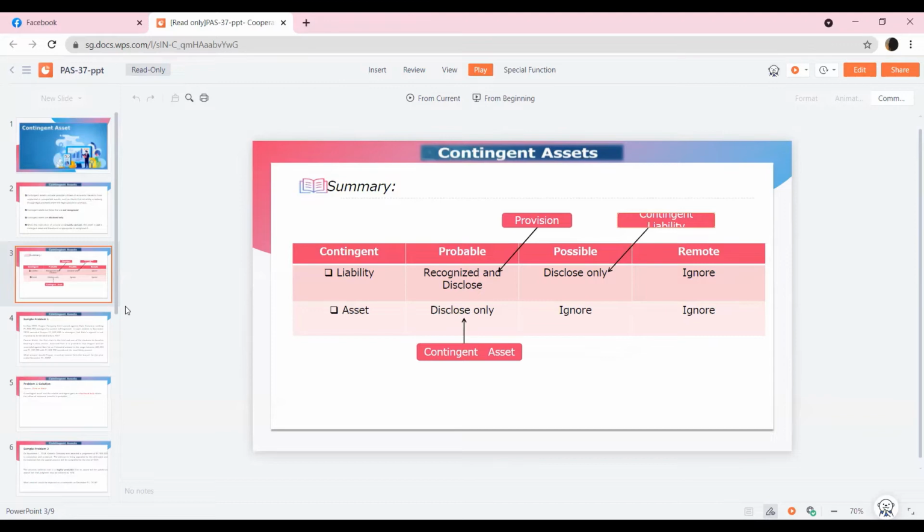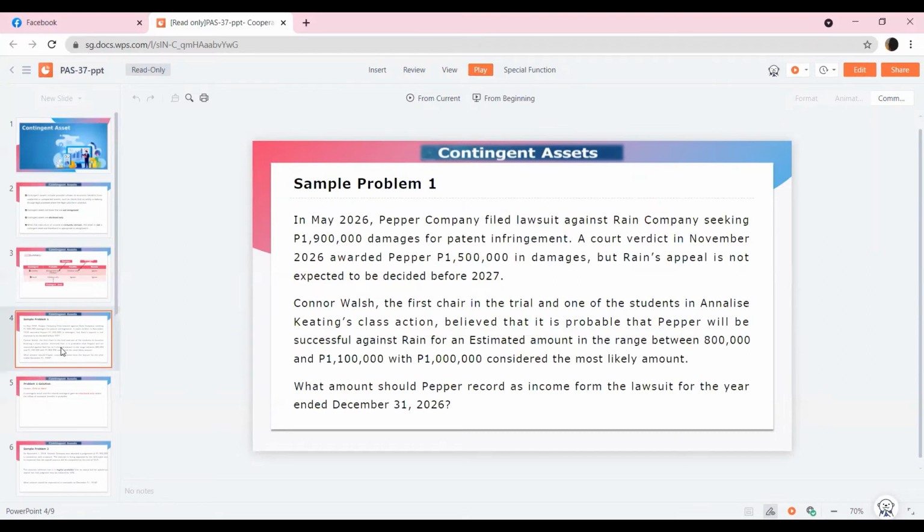To apply all of these, meron tayong mga example problems. So, sample problem number 1. In May 2026, Pepper Company filed a lawsuit against Rain Company, seeking 1.9 million in damages for patent infringement.